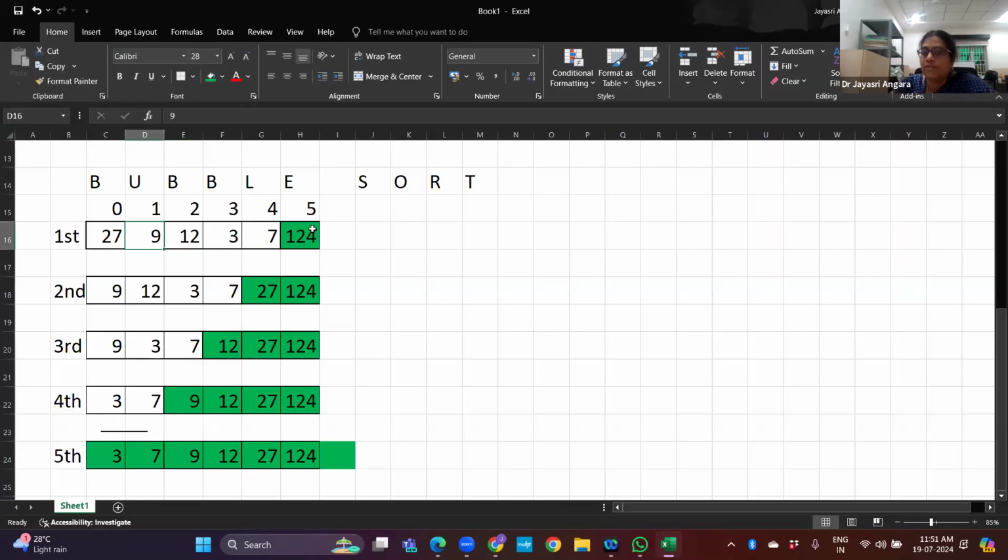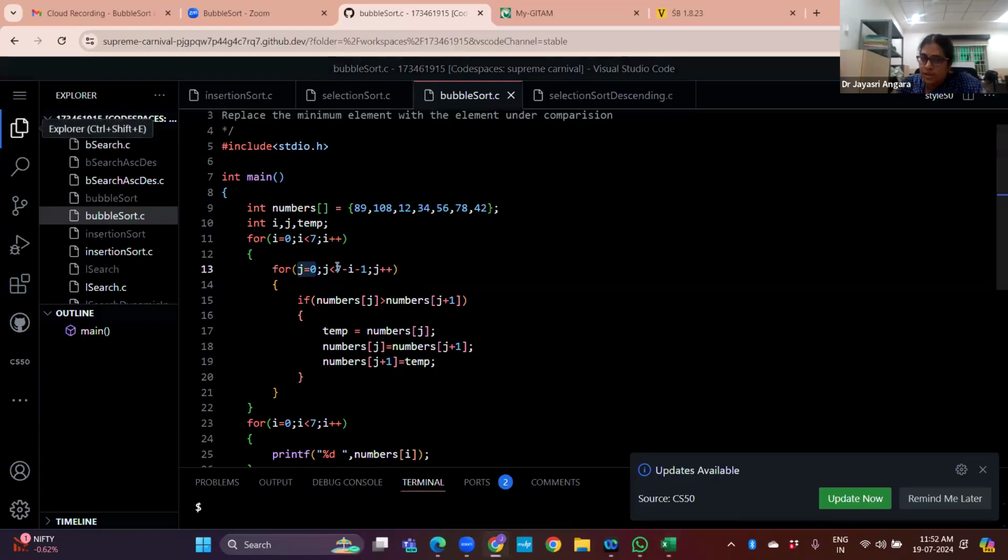For the first iteration, we are ignoring the last number. For the second iteration, we are ignoring the last two numbers. For the third iteration, we are ignoring the last three numbers. So for the ith iteration, we can ignore the last i places. That is what is represented in this logic.